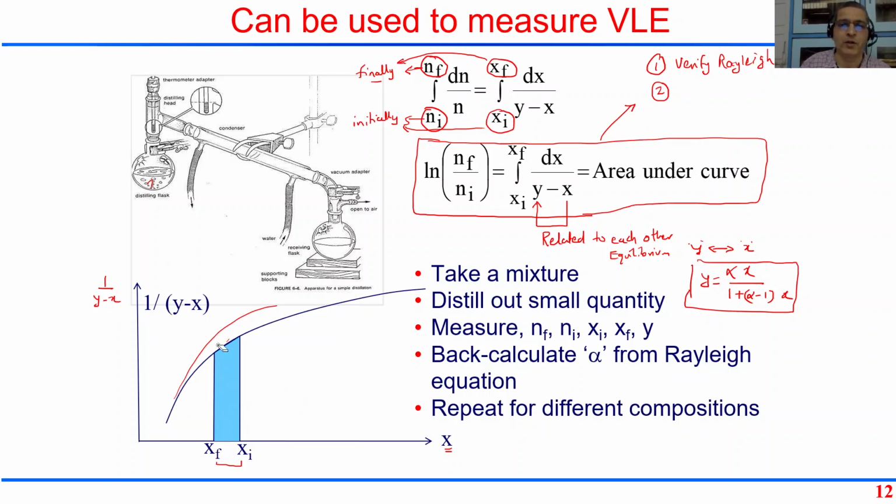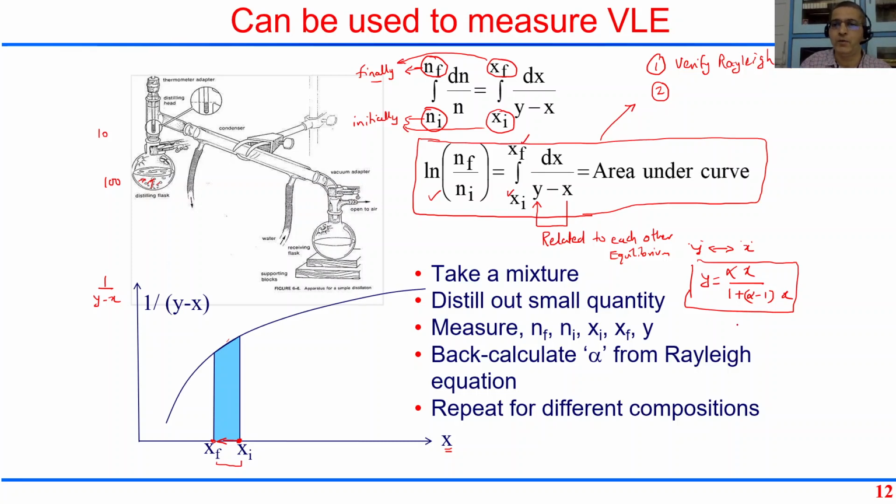If I do a small change, so let's say, for example, if I start with 100 moles in the mixture and I vaporize say 10 moles, I can do a measurement and find out what is the value of xi that I started with and what is the value of xf that I ended up with. So the left hand side we would know, correspondingly xi and xf we would measure.